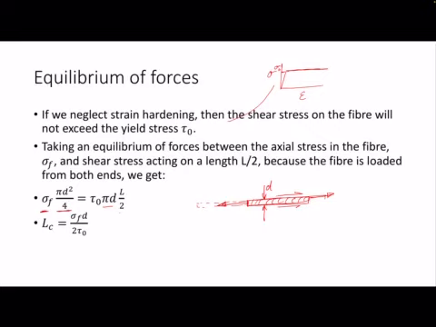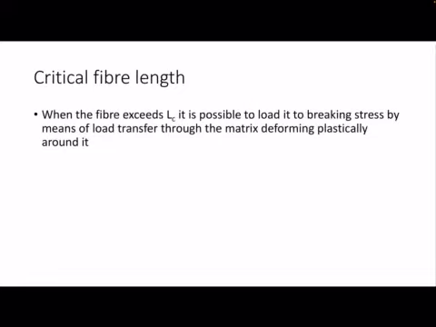And so we get the critical length of the fiber is equal to the breaking force, or the force in the fiber, sigma F, times D divided by 2 tau 0. Tau 0 being the shear stress acting on the fiber.